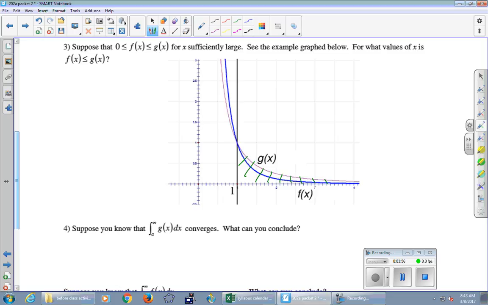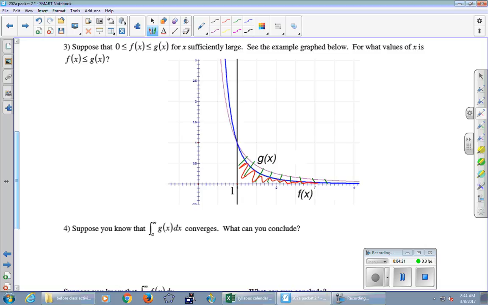So we're assuming right now that the area of this green thing forever is some finite number. What can you conclude about the area under the blue? Is it finite or is it infinite, or are we not sure? It also has to converge. It has to be finite because it's smaller than that green number, right? And if green is some finite value, then red is definitely finite as well.